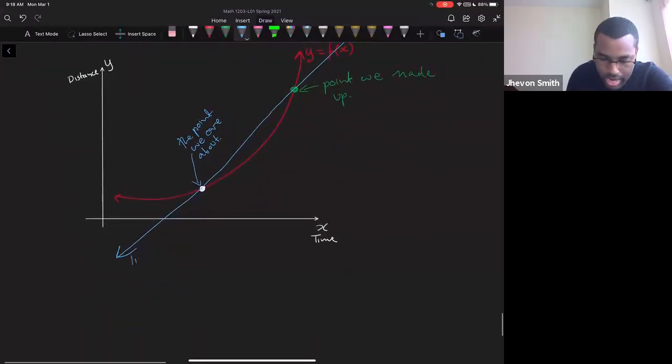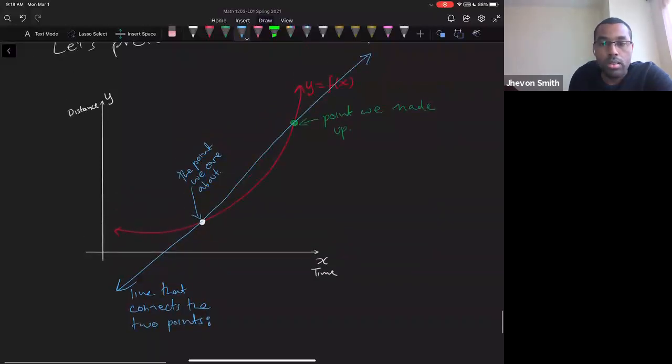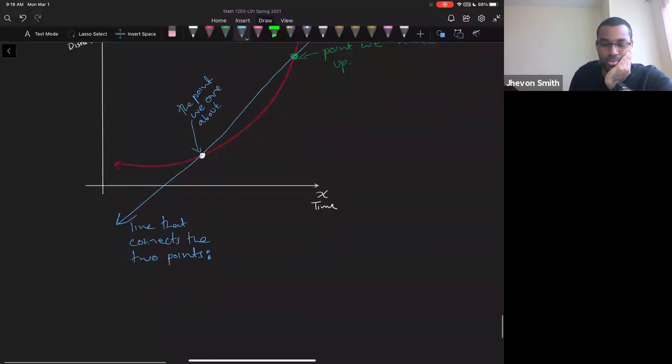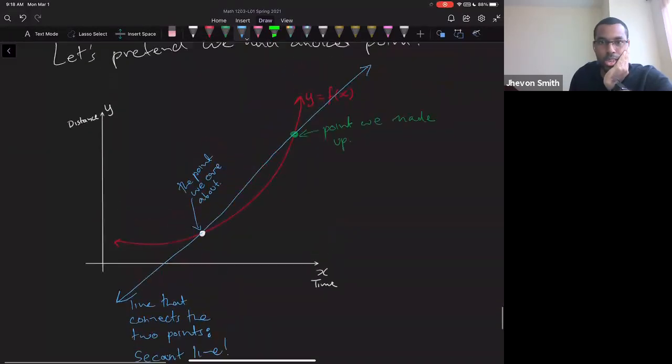And so this is the line that connects the 2 points. Now, this is a line that we have seen before. Anyone remember what this line is called? A line that connects 2 points on a function like this? We looked at it when we were studying average rate of change. It's called a secant line, right?